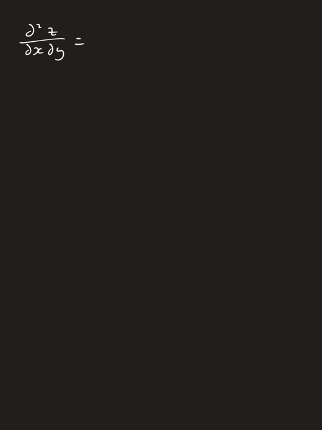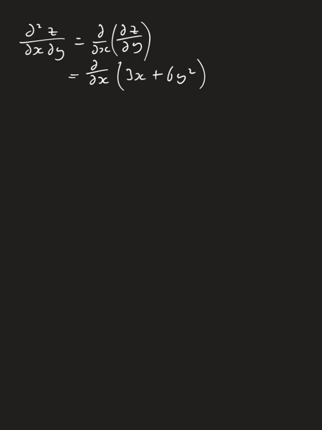That is where I would first differentiate with respect to y, and then with respect to x afterwards. So that's the partial derivative with respect to x of my partial derivative with respect to y, which was 3x plus 6y squared. I differentiate that with respect to x, and I just get 3. 3x becomes 3, and the 6y squared goes to 0.